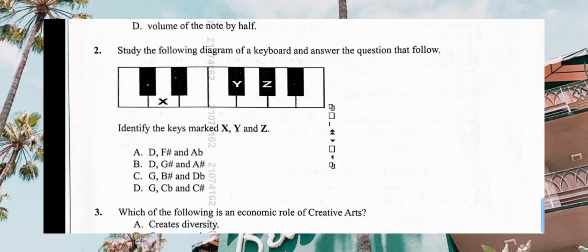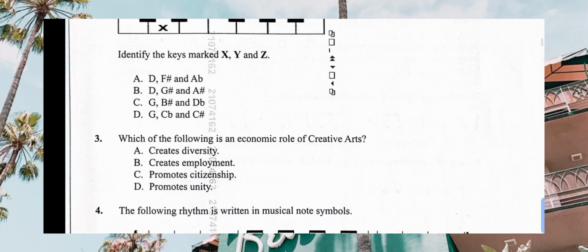Identify the keys X, Y, and Z. We said X is D, then Y is F sharp or G flat. So for A we have D, F sharp, then Z we said could be G sharp. So the correct answer is A, where we have X as D, Y as F sharp, then Z as the matching option. Let's continue and look at the next one.